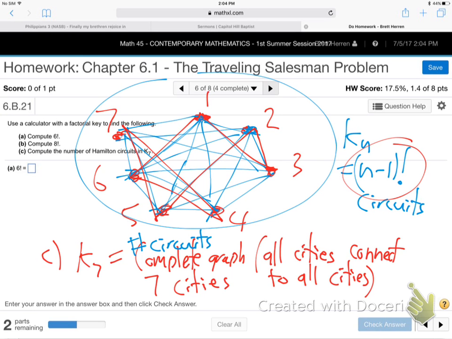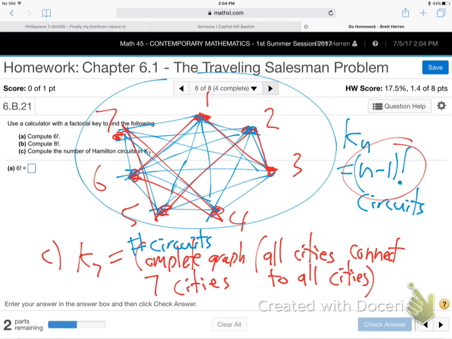Do you realize there's going to be a bunch of different ways to do that? I'm trying to think if I could figure it out by hand. Because there's 7, then there'd be 6 choices times 5. Start at city 1, there would be 6 factorial.